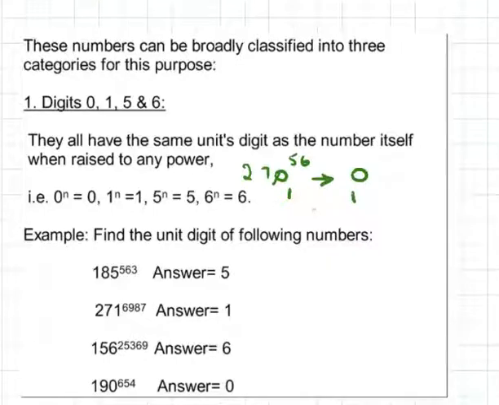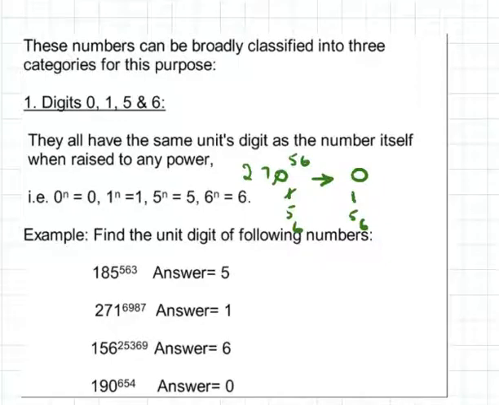If I change it to 5, the last digit is going to be 5. Similarly for 6, it is going to be 6. So whenever you come across numbers ending in 0, 1, 5 or 6 raised to any power, it's very easy to find the units digit because it's going to be the same. There won't be any different numbers here.